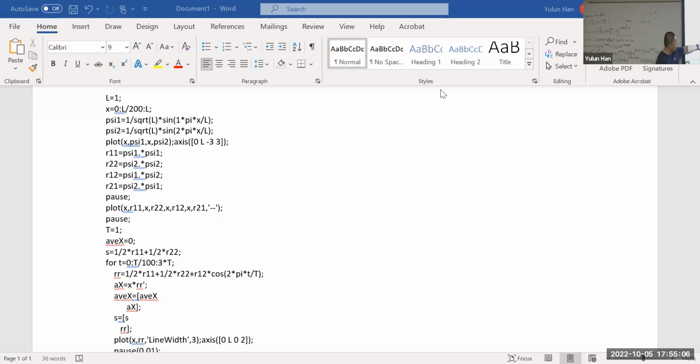Capital X, the position of the particle? Yes. Basically, why the conjugate? Is that the complex conjugate transpose? Yes. Why do we need that? That's a good one.